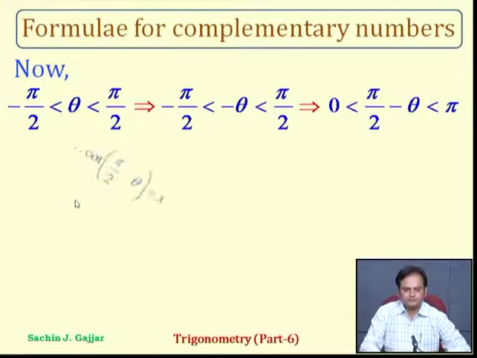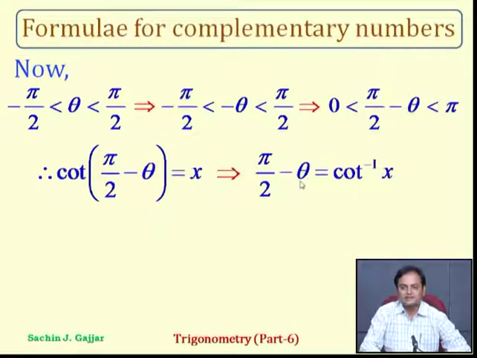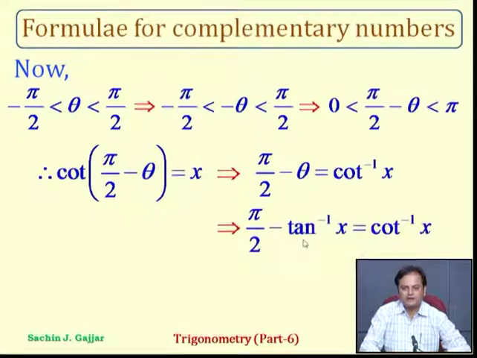Now we can take this cot on the right side. So this implies pi by 2 minus theta equal to cot inverse x. Now what is theta? Theta is tan inverse x. So pi by 2 minus tan inverse x equal to cot inverse x.